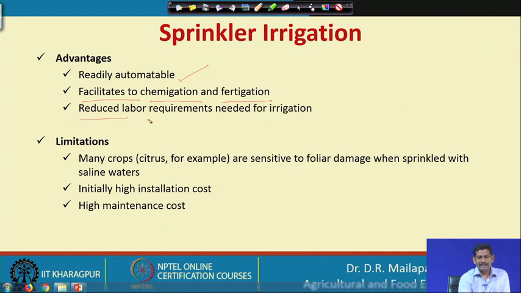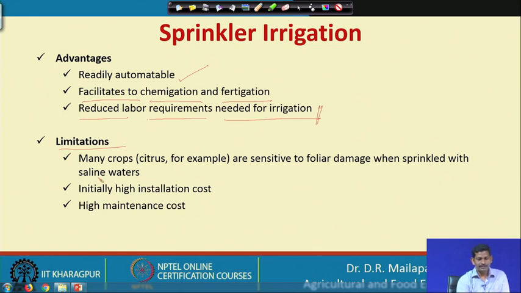The labor requirement is also reduced, because once the system is installed well in the field, the labor requirement will be very little. Whereas in surface irrigation systems, every time you have to go and check whether the water is moving, and if there is a blockage you have to remove the soil and the blockage and other things. But this system is efficient and does not require frequent observations.